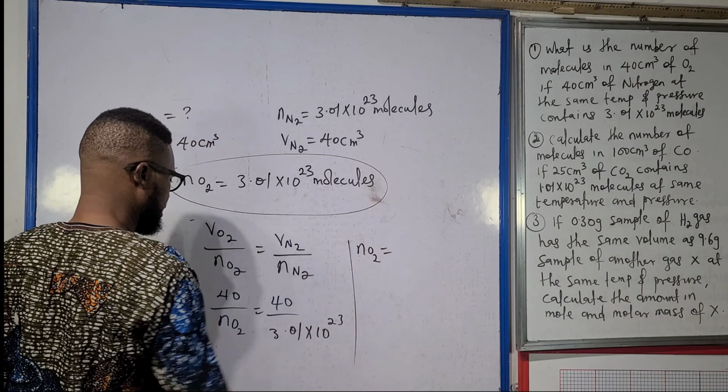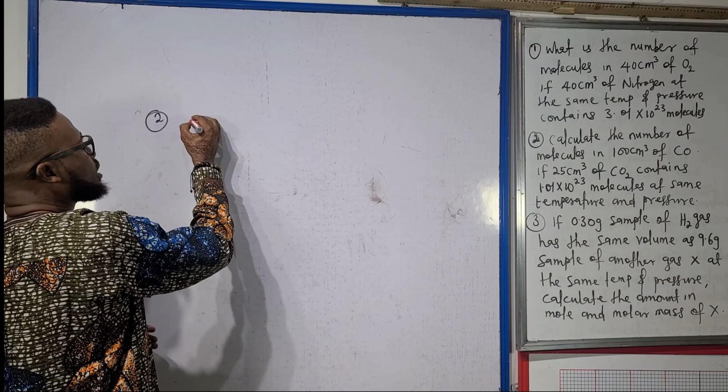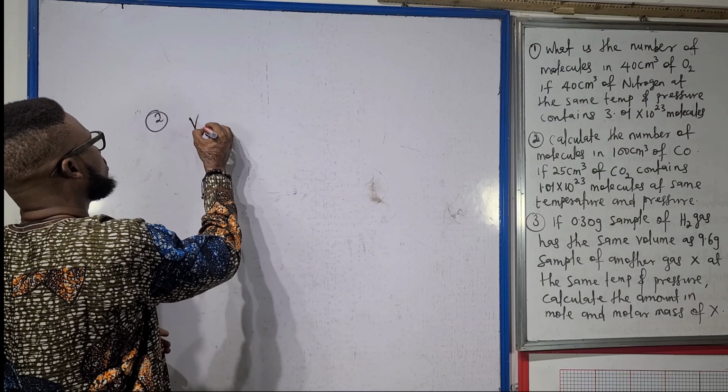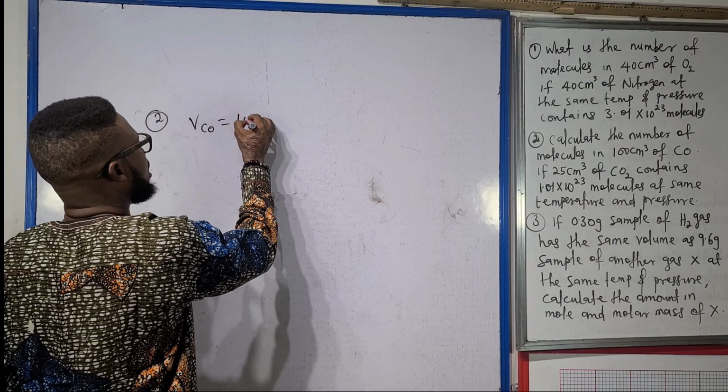Moving on to the second question. Calculate the number of molecules in 100 cm cubed of CO2. Talking about carbon dioxide, the volume of carbon dioxide there is 100 cm cubed, and I want to know the number of molecules that is there.